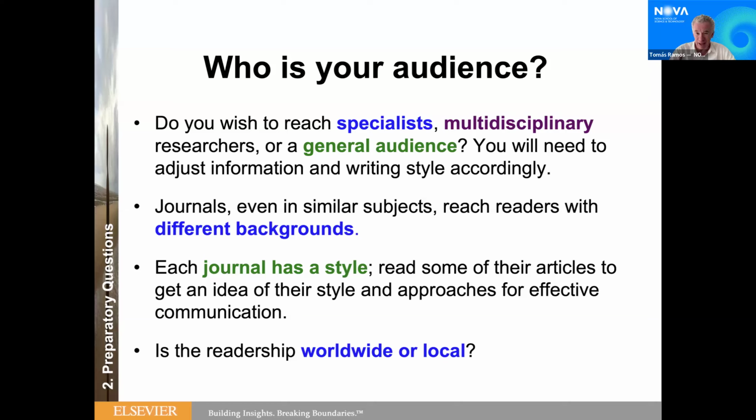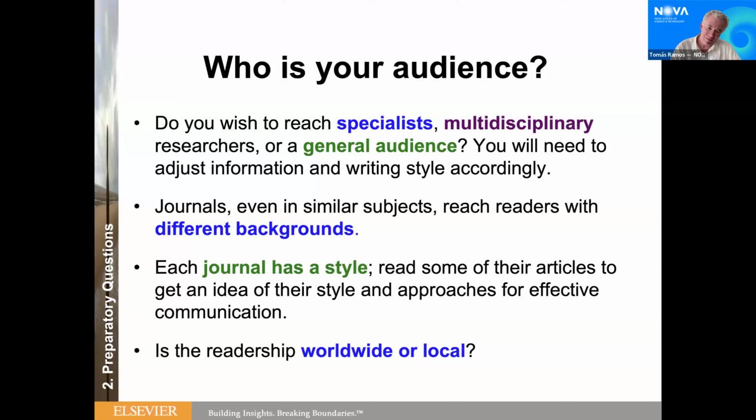Do you want to address experts in a disciplinary field, or a multidisciplinary or transdisciplinary audience of researchers? So you should identify who is your audience. And of course, after that, you will need to adjust your research article, your information, according to that audience. And of course, the writing style should also be correlated with that audience.